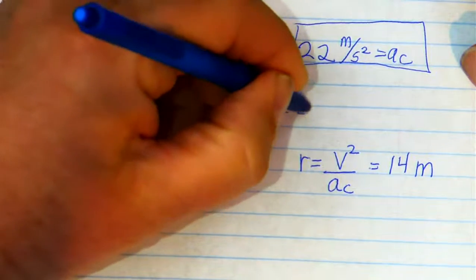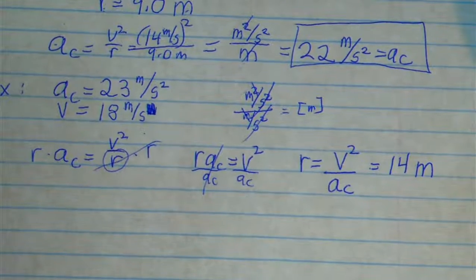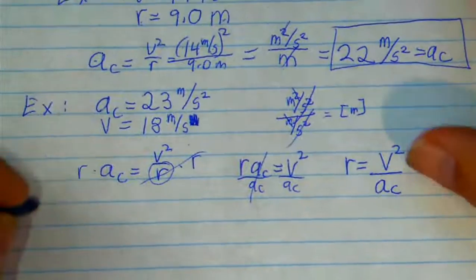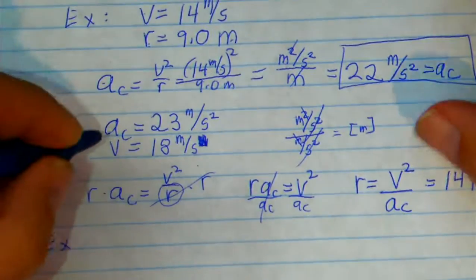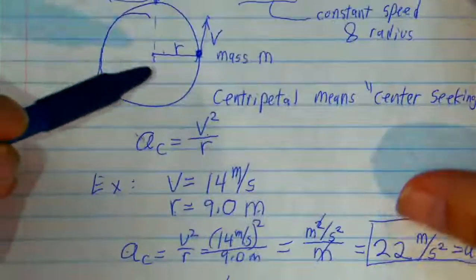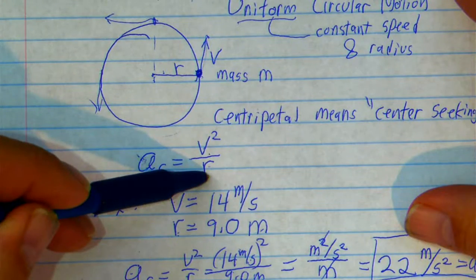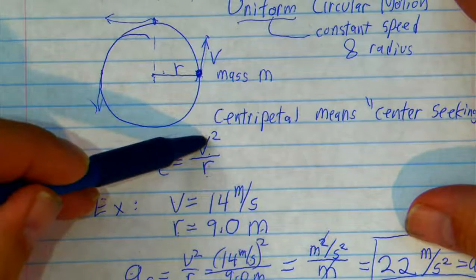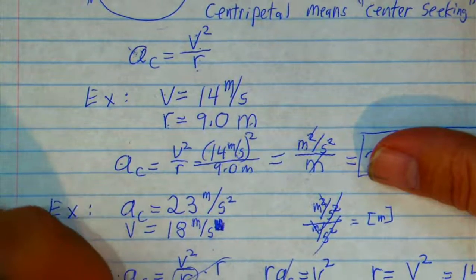And sure enough, our answer will be strictly in units of meters. Throughout this course, the units will always work out correctly. I'm still skeptical that maybe we need a third example. So we had given v, given r, then we had given a and given v. So now how about given a and given r?